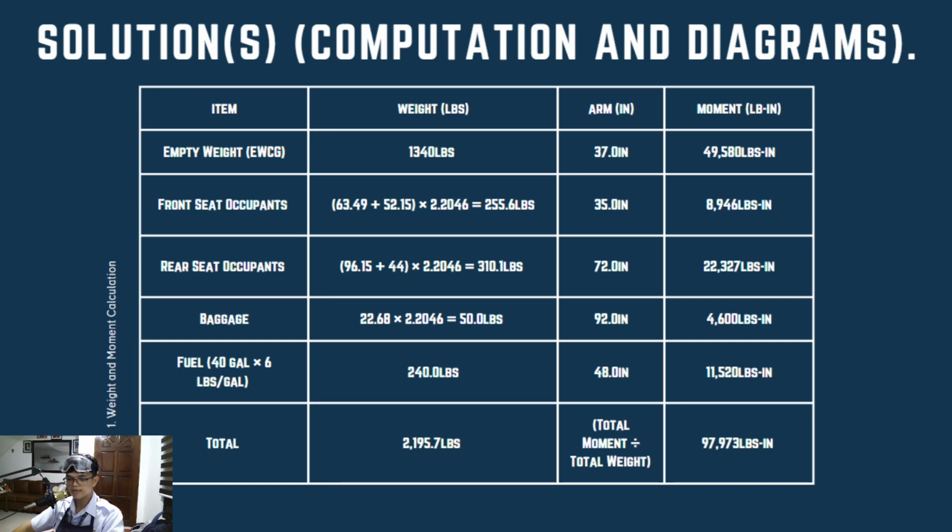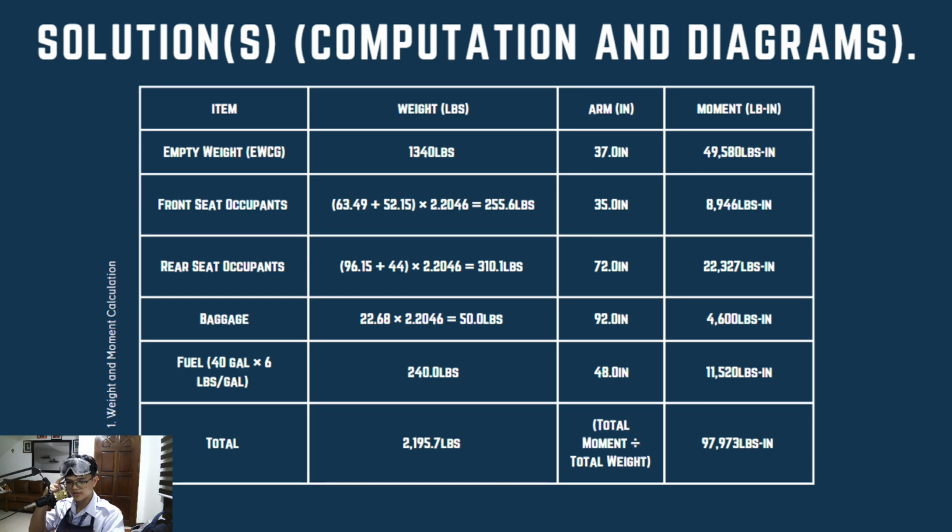So, next is the moment. So, para makuha yung moment natin, i-multiply na natin si pounds or si weight sa ating arm. So, 1,340 pounds times 37.0 inches is 49,580 pounds per inch. So, gagawin na natin yung lahat sa items natin.